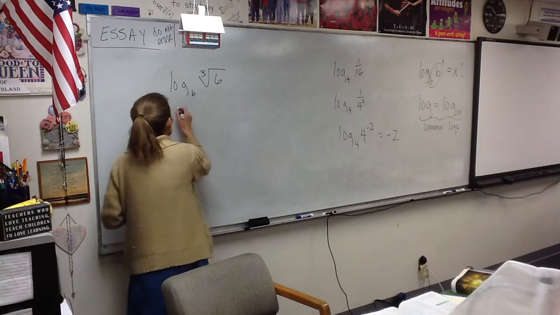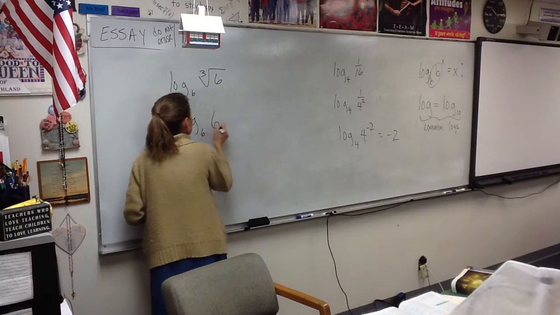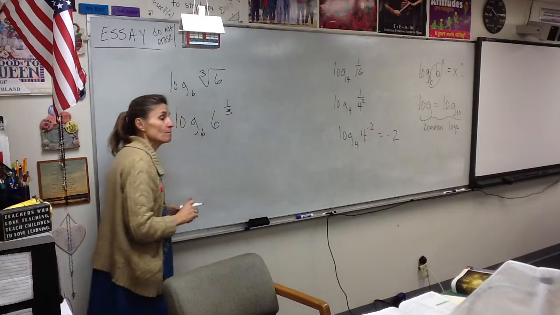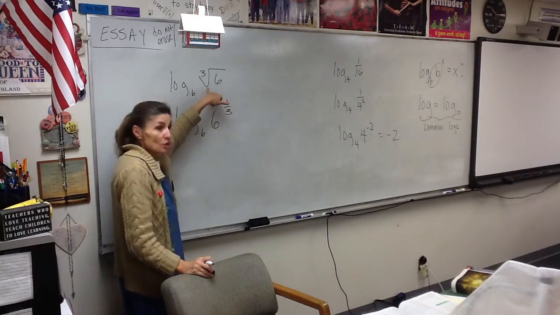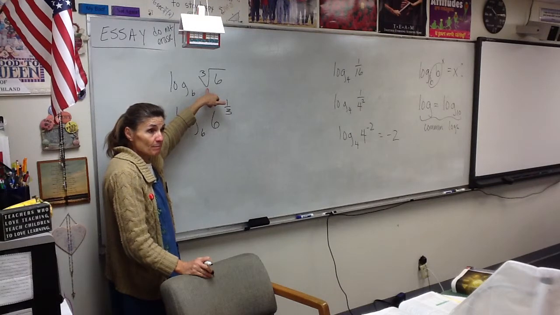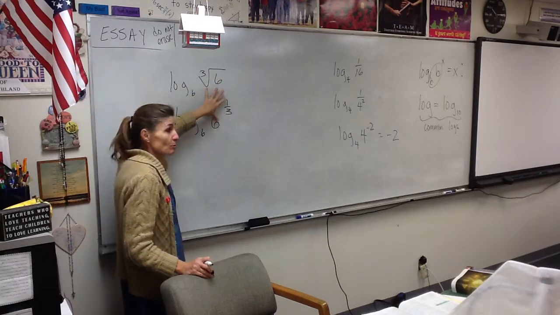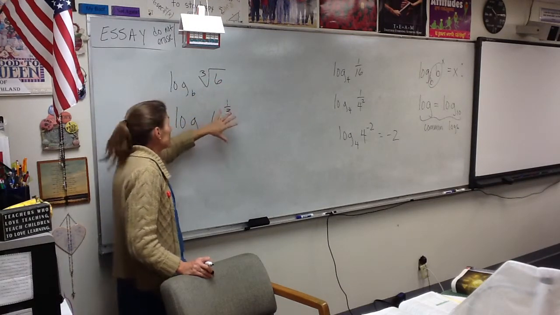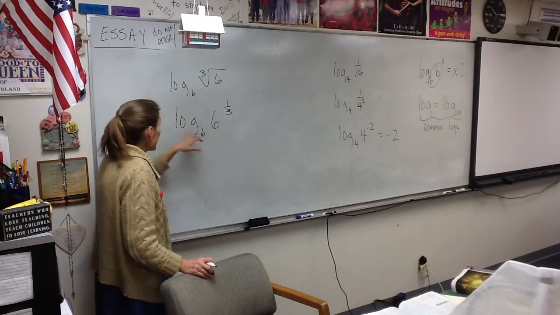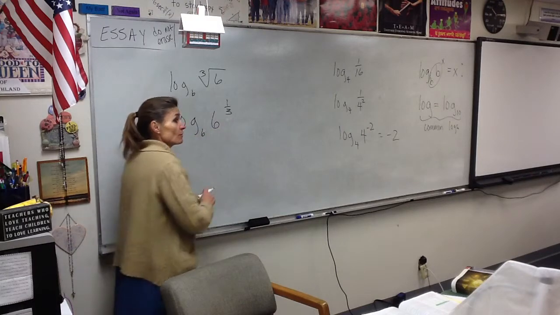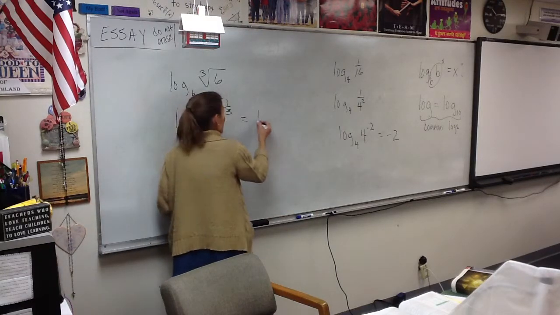You are exactly right. So this is the log base 6 of 6 to the 1/3. 6 to the 1/3 means the cube root, doesn't it? These are interchangeable. These are the same thing. So if I write the radical as an exponent, then I have the log base 6 of 6 to the 1/3, and the answer is 1/3.